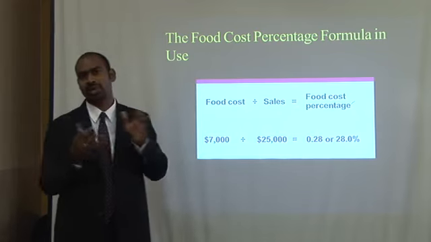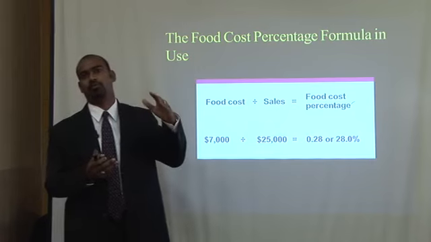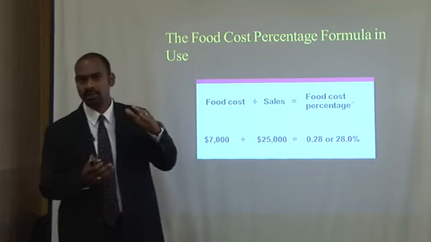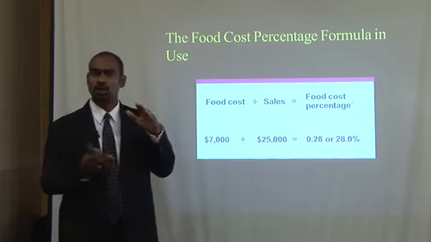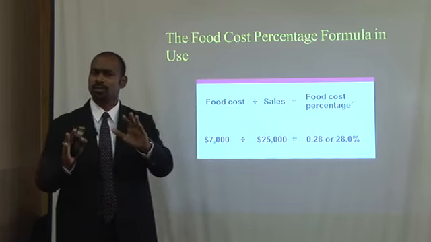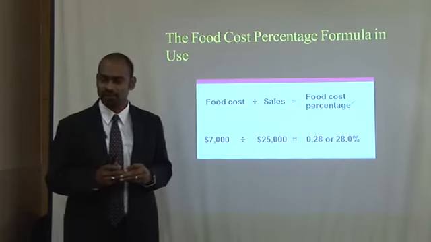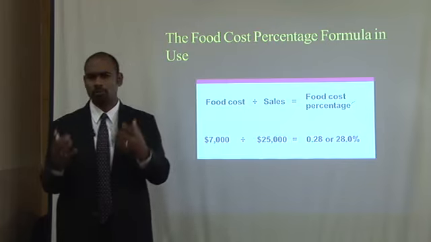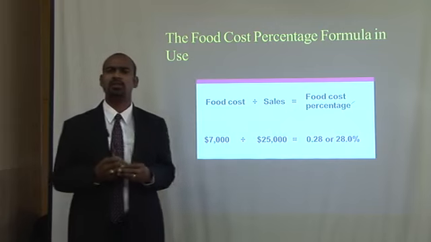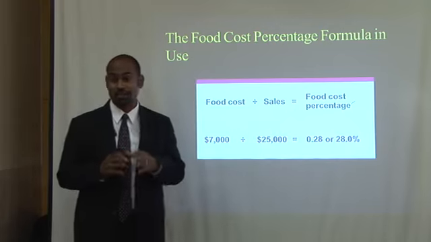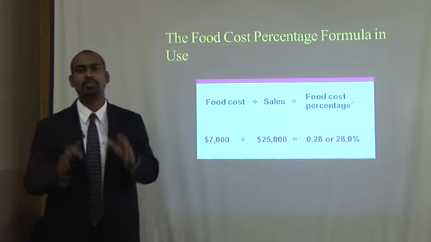How the food cost is arrived at is the same manner: opening inventory plus purchases minus closing inventory, whatever value comes, that is food cost. Now if the food cost is 7,000 and you have generated sales of 25,000, the food cost percentage is 28%.